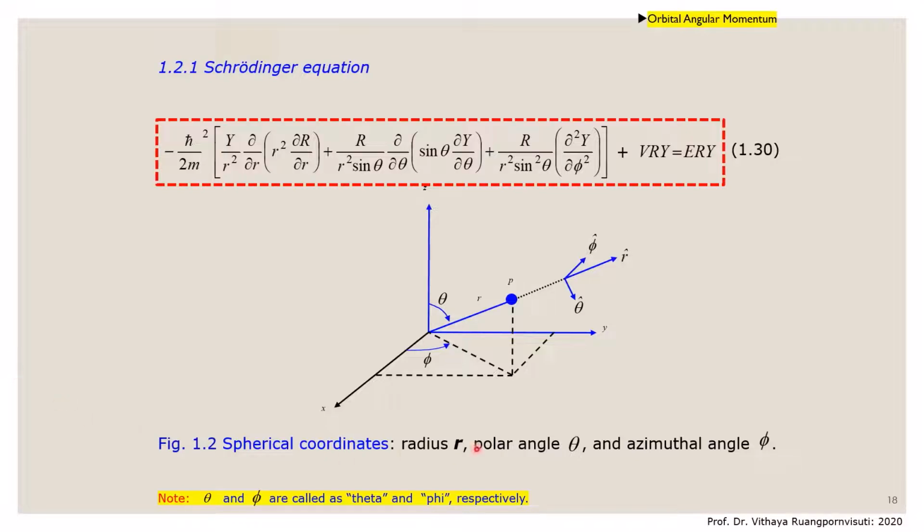The radius r means this vector, and the angle theta we call the polar angle, and the angle phi we call the azimuthal angle.